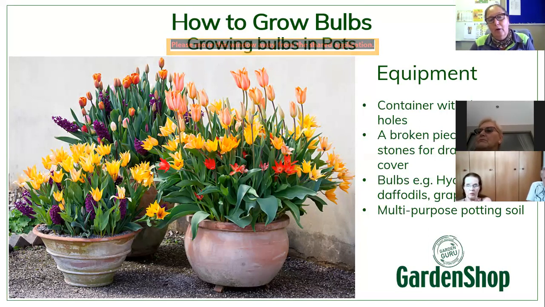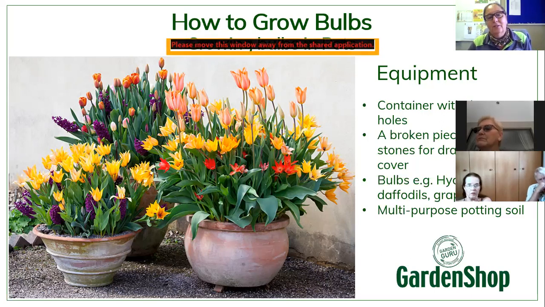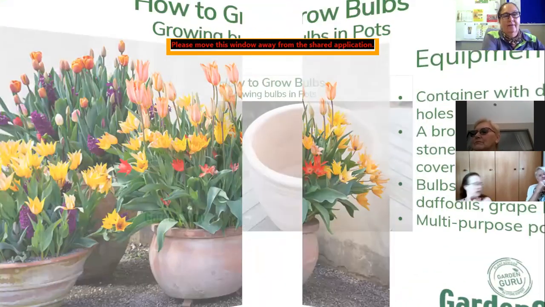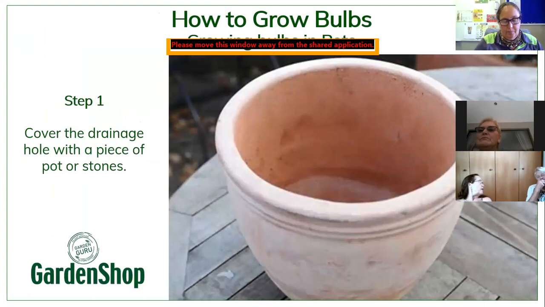And then you need some bulbs that you want to plant, and you can plant a variety of bulbs in your pots. It doesn't have to be the same thing. I'm going to go through the process where you plant it in layers so that every different type of bulb comes out and eventually makes a whole display in your pot.